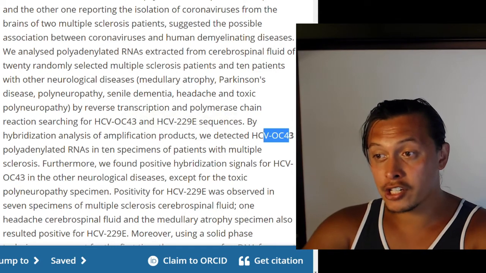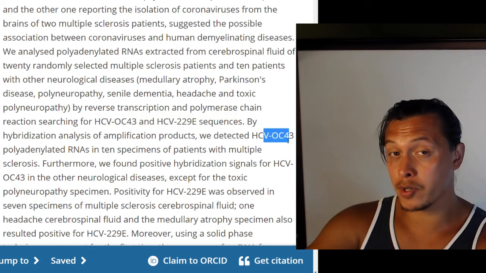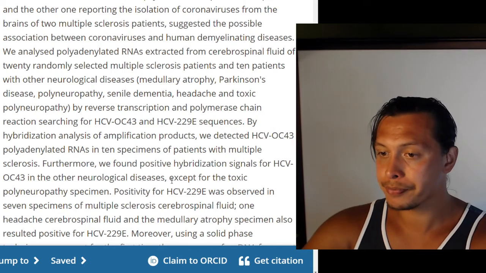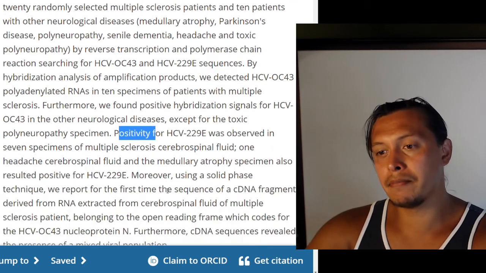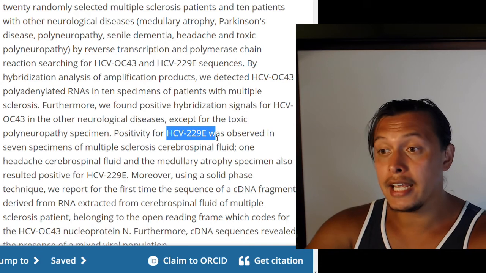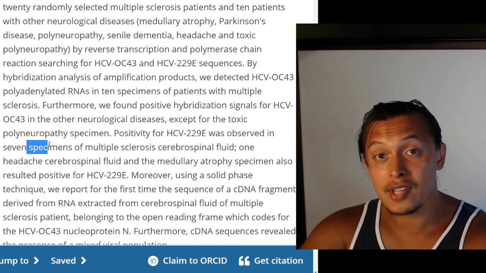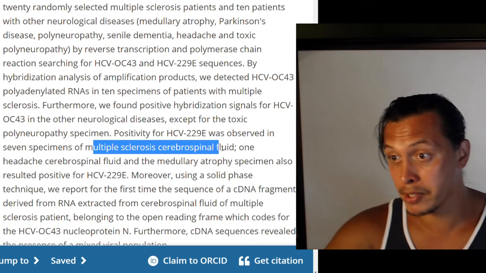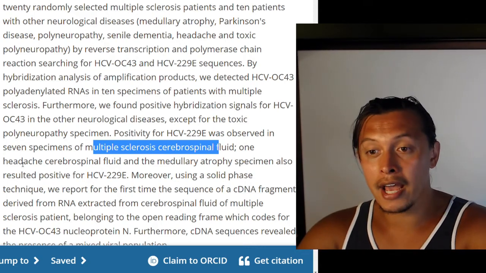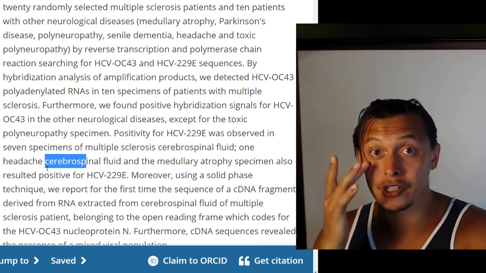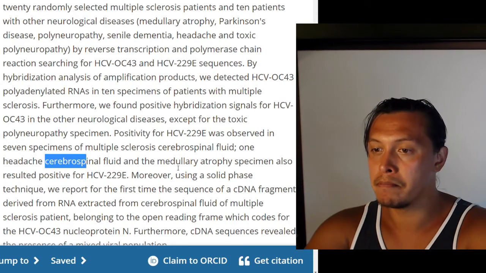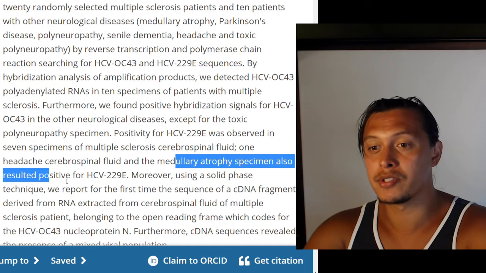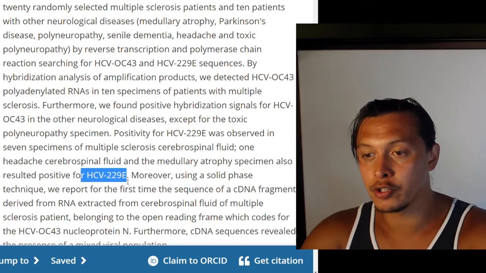So they found HCoV-OC43 in half the multiple sclerosis patients, and also in some of the other neurological conditions. And positivity for HCoV-229E was observed in 7 out of the 20 specimens of multiple sclerosis cerebrospinal fluid, 1 in the headache patient's cerebrospinal fluid, and the medullary atrophy specimen also tested positive for HCoV-229E.